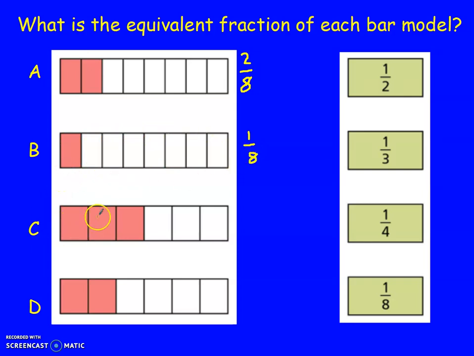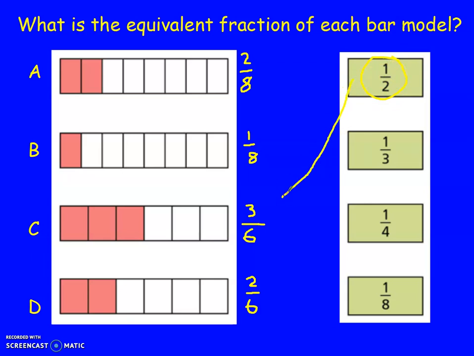For C, we have 3 parts shaded, 1, 2, 3, of a possible 1, 2, 3, 4, 5, 6. So it's 3/6. For D, we have 2 parts shaded of a possible 1, 2, 3, 4, 5, 6. So 2/6.